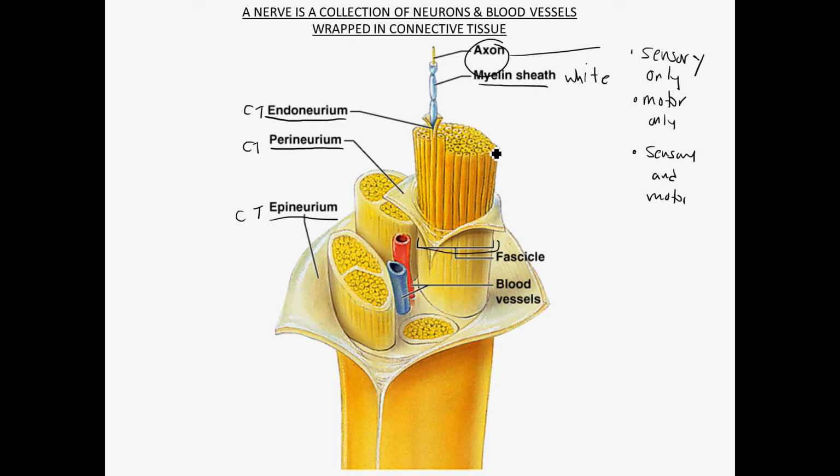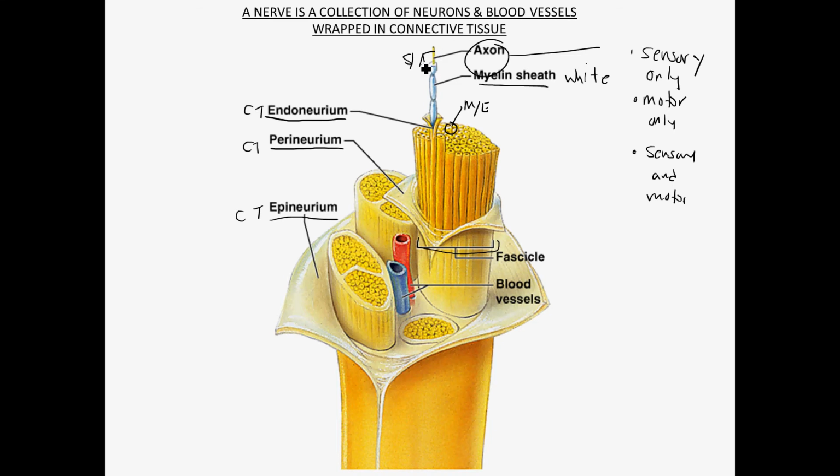That is to say that if this one that I pulled out here was a sensory or afferent one, this neuron right here, if I pulled that out, would have been motor or efferent, and not that this axon would be both sensory and motor.